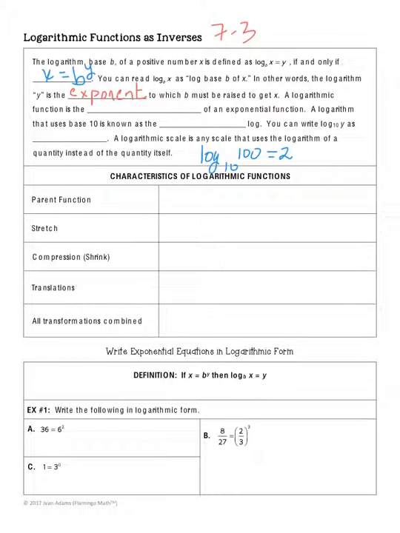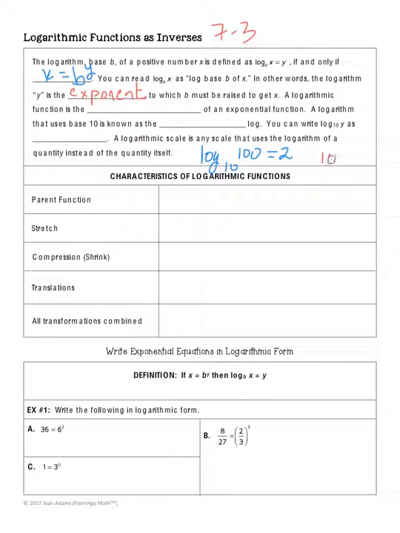How would you write this in its exponential form, given the three numbers 10, 100, and 2? How would you write these three numbers in exponential form so that they make a true statement? I'm going to give you just a couple seconds. Think about that.